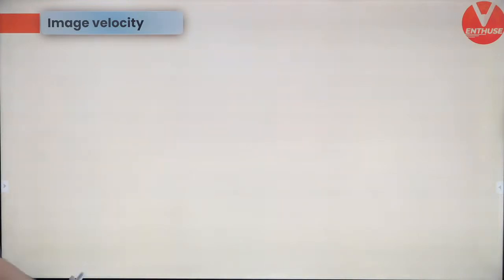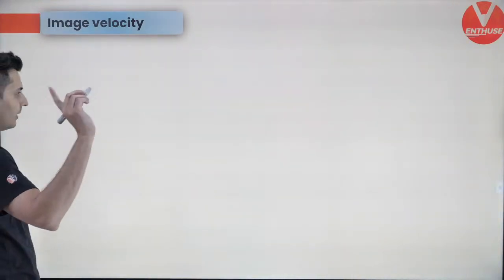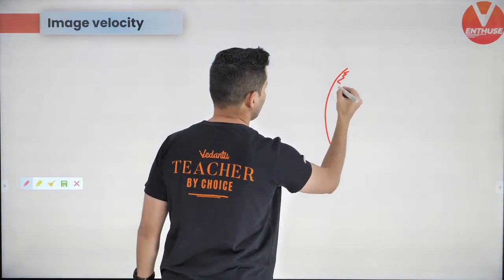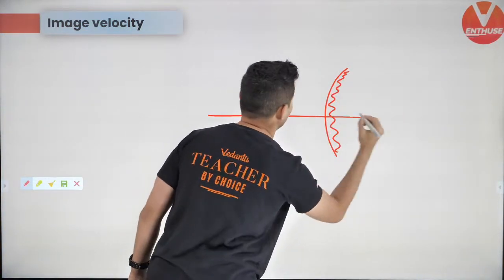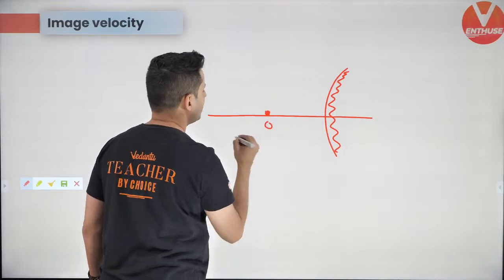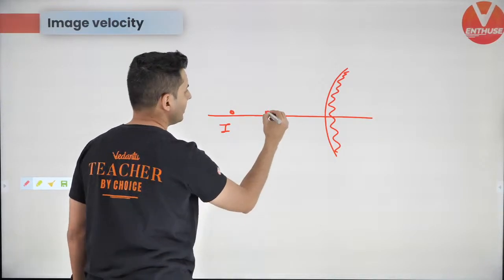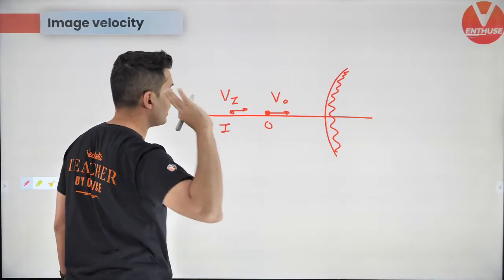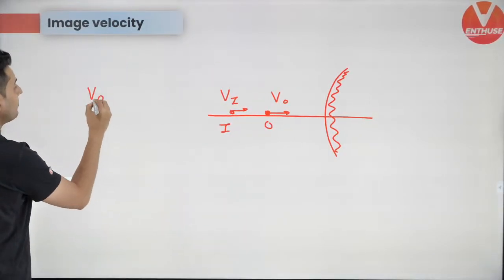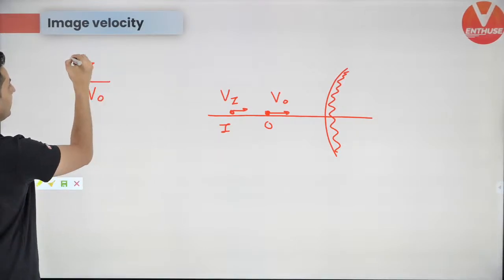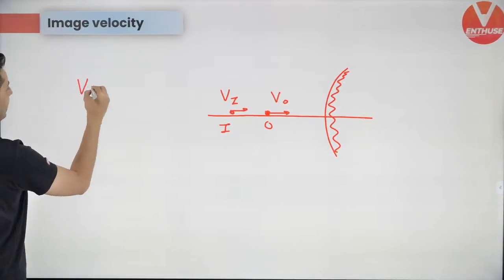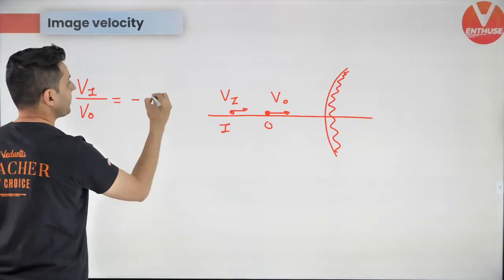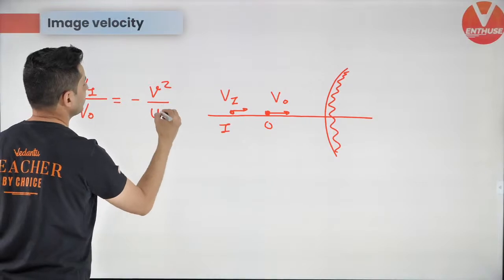Next, image velocity. Very important formula. If you have a mirror like this, and let's say there is an object and maybe the image is formed here, then if VO is object velocity, VI is image velocity, then object velocity and image velocity are related by VI upon VO is same formula, -v square by u square.